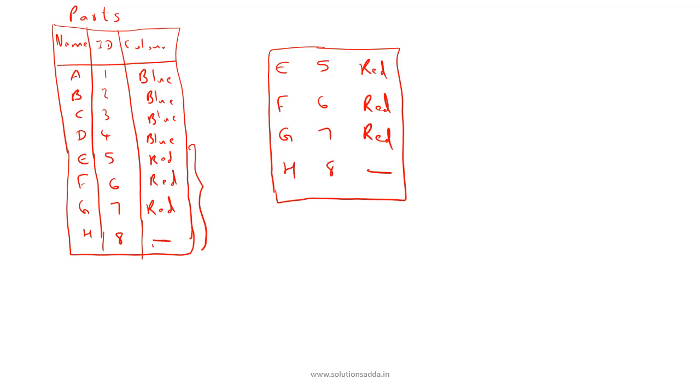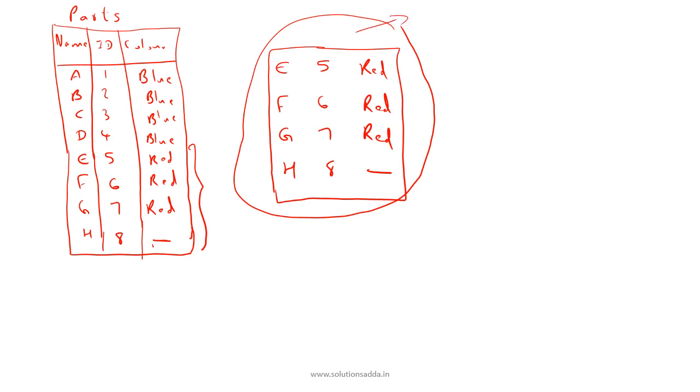Now the query, select C.SID from catalog C where C.PID not in this particular result. So we are selecting those SIDs from catalog C where C.PID is not in this result. So this would result in selecting all those SIDs which are not part of this result.